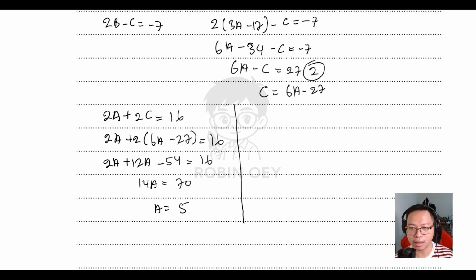We get A is 5, and then we find C. C is 30 minus 27, which is 3. And then we have B, that is 15 minus 17, negative 2.